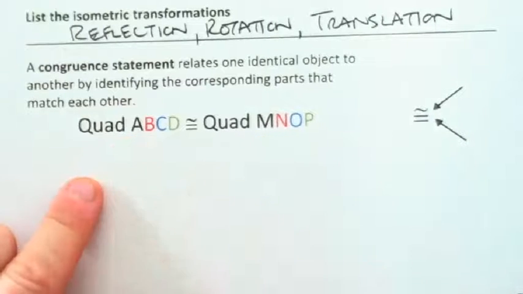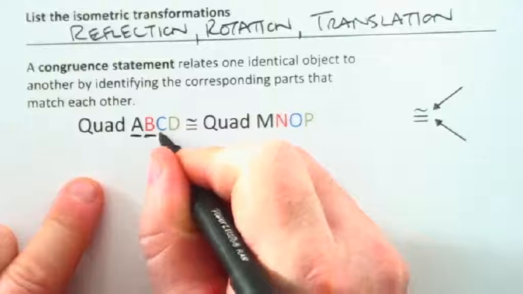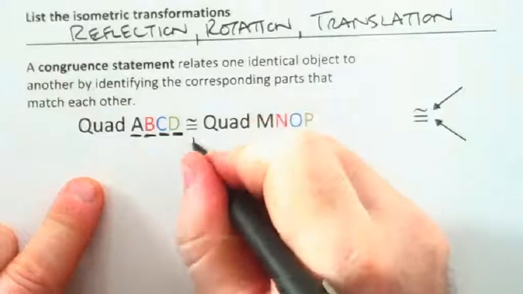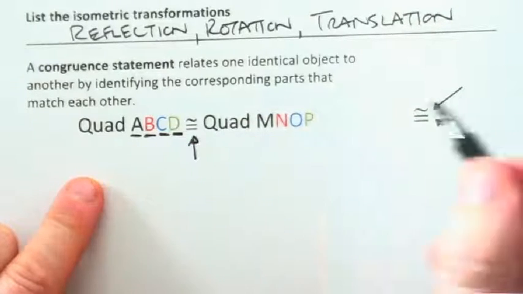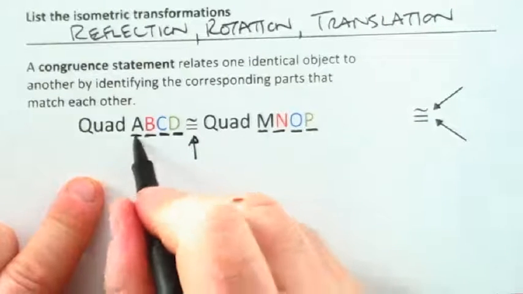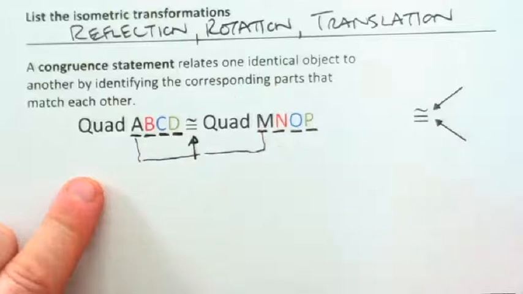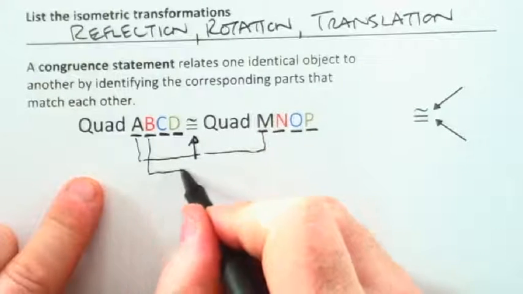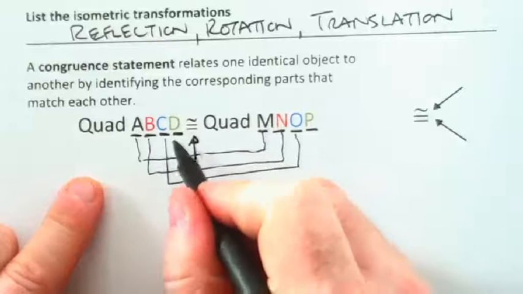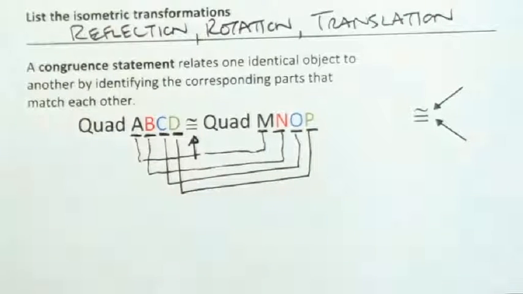What I mean by that is if you tell me that quadrilateral ABCD is congruent, this is our symbol for congruent, to MNOP, it's corresponding, meaning A corresponds to M in that quadrilateral, B corresponds to N, C corresponds to O, and D corresponds to P. So we'll show you what that means just shortly.